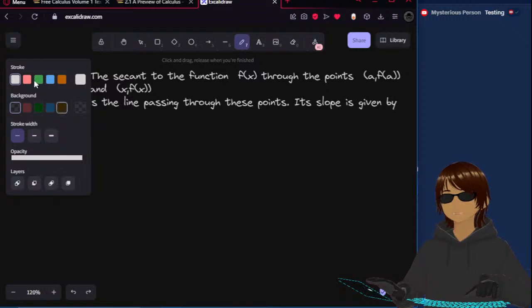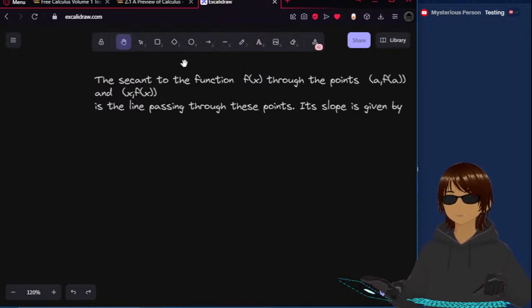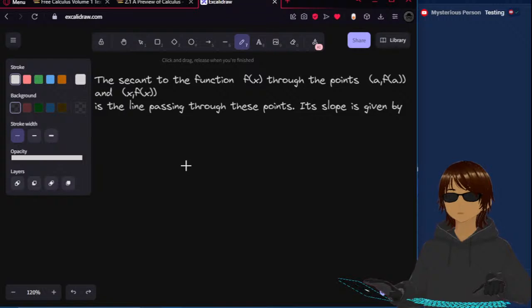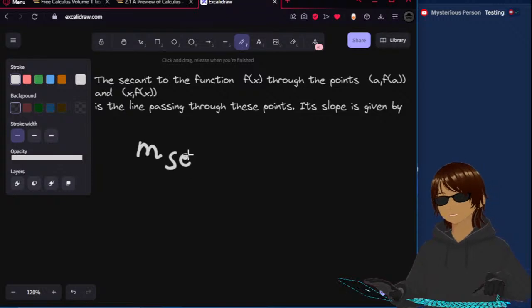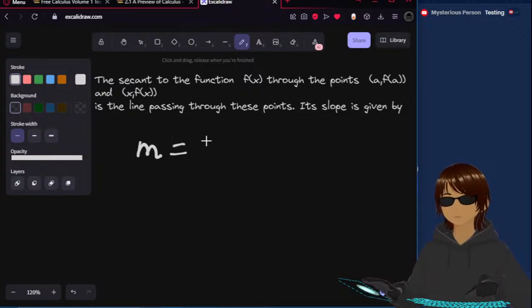Is there a way I can get rid of this? The slope of the secant, I'll just write m is equal to f.